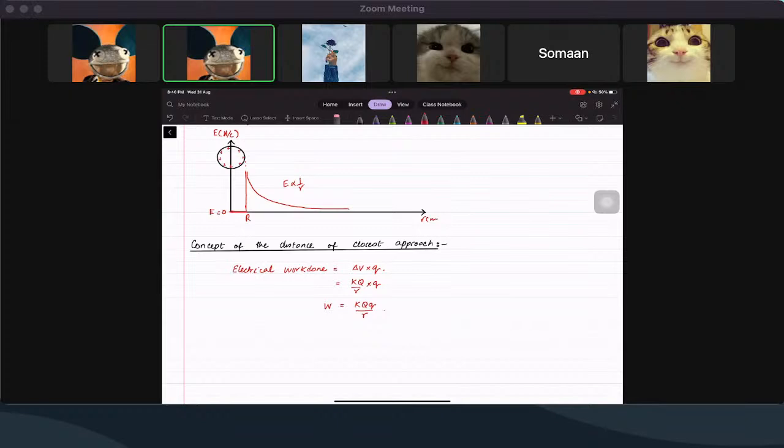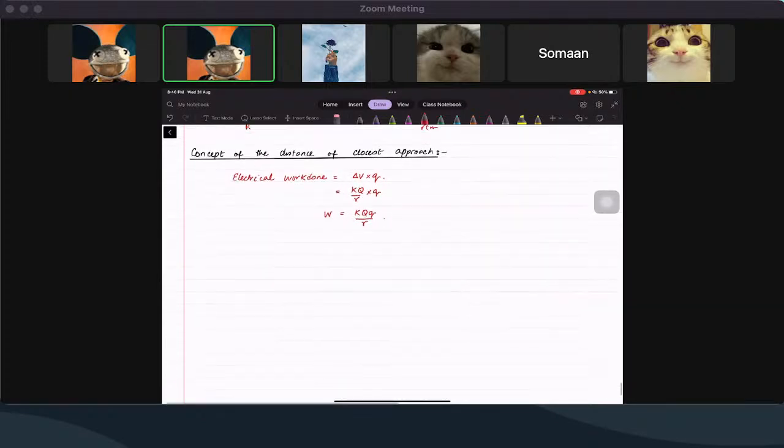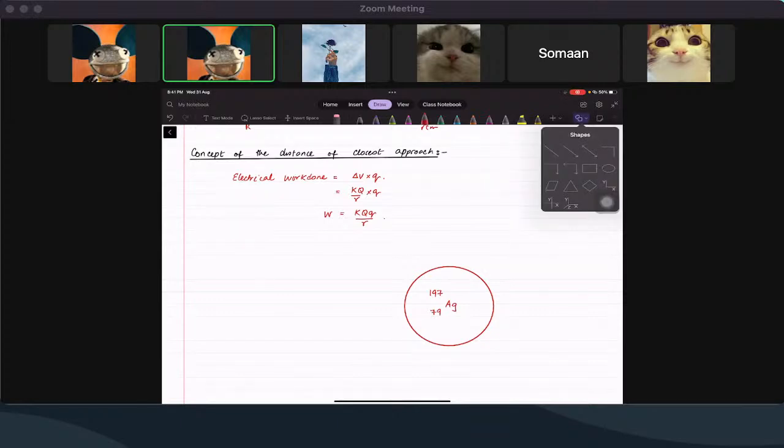So what I mean by that is that suppose there is a big nucleus, gold, which has 197 mass number and proton number as 79, and suppose we want to fuse helium, which has 4 mass and 2 charge, and you send it towards this with a velocity of 10 raised to power 5 meters per second.